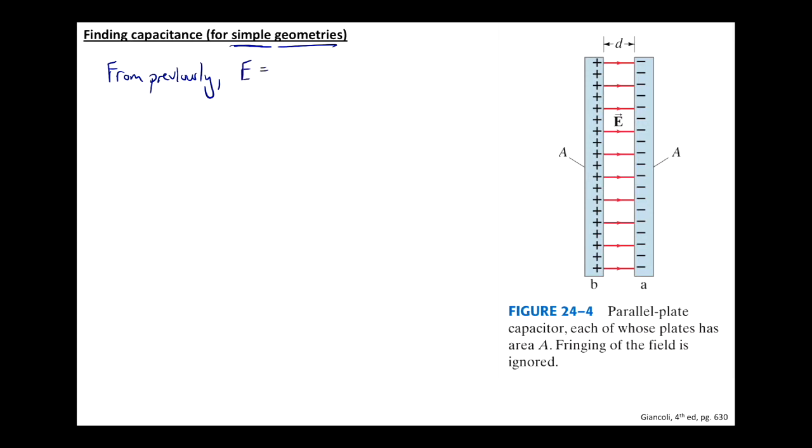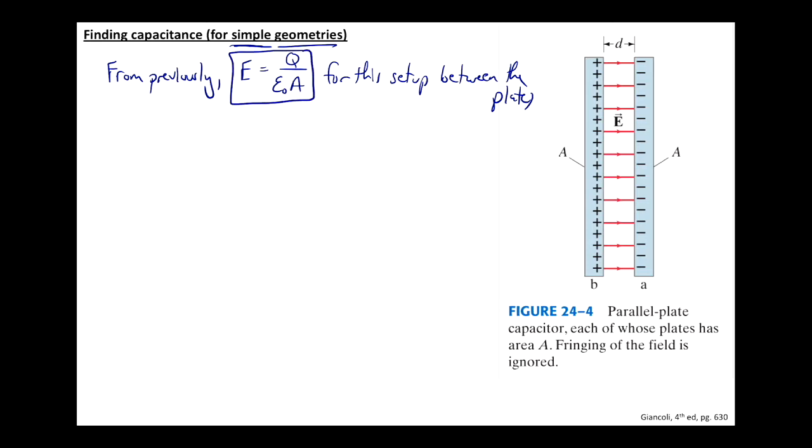It's equal to Q over epsilon naught A for this setup between the plates. So we're not going to find the electric field. I want to show you how we can get from this electric field to an equation for the capacitance. At this point, just accept that equation. Go back and look in your notes if you need to see where that comes from.